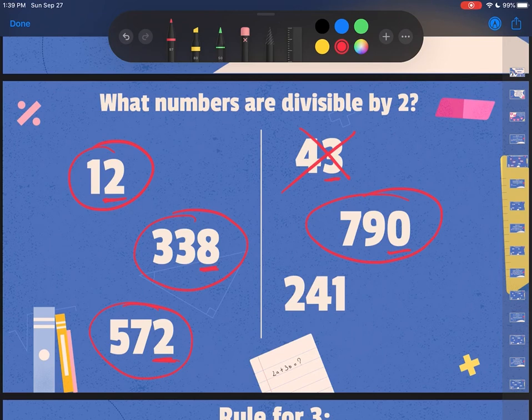And then 241. It has a 1 in the ones place. It needed to have a 2, 4, 6, 8, or 0 in the ones place, so it is not even, so it would not be divisible by 2. So only our four numbers 12, 338, 572, and 790 are even numbers, so they would be the only ones divisible by 2.